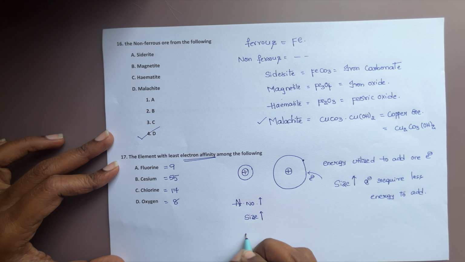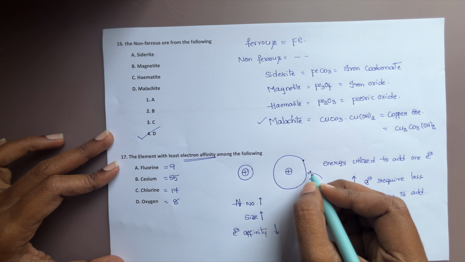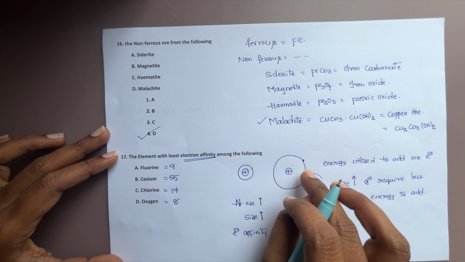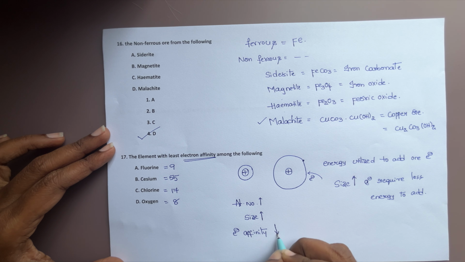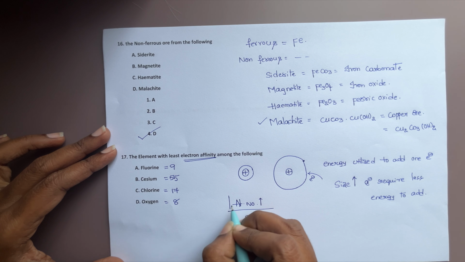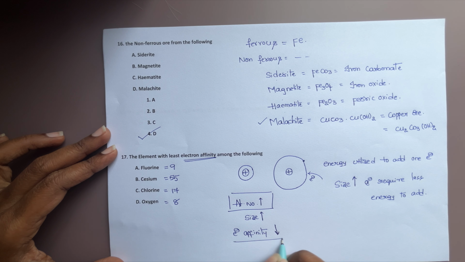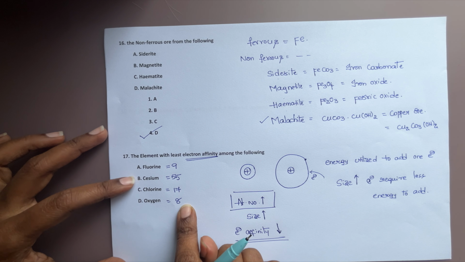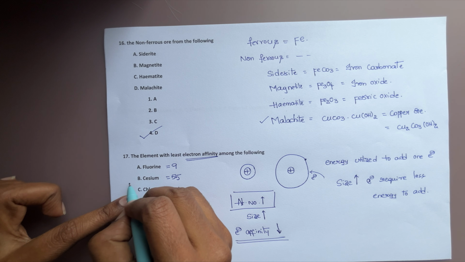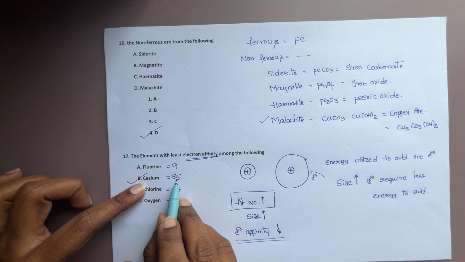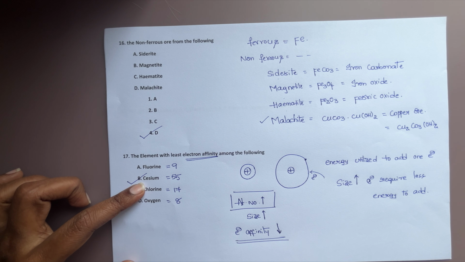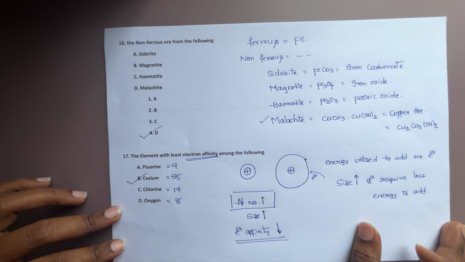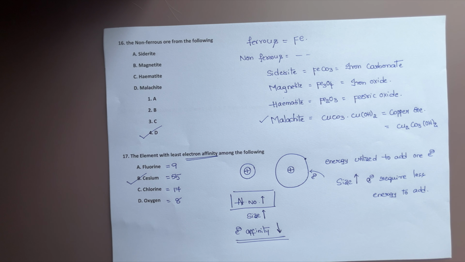Whenever size is more, electron affinity is very less, since it is easy to add electrons and less energy is required. So the greater the atomic number, the least the electron affinity. Among these, cesium has the greatest atomic number, so the least electron affinity. This is the explanation of electron affinity.